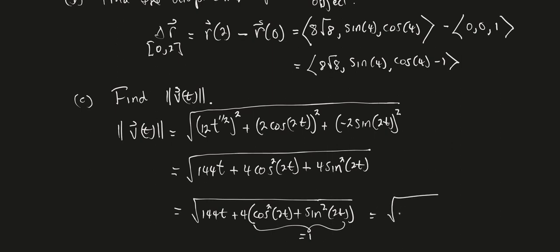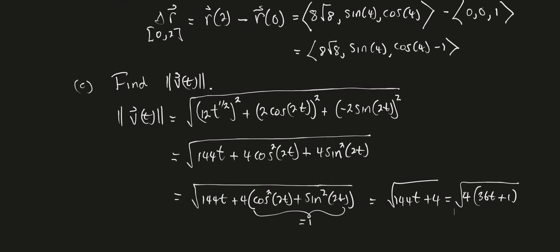So here's my speed function. It's the square root of 144t plus 4. And we can actually simplify this. Under the square root, I can factor out a 4, and then that gives me 36t plus 1, all under the square root.